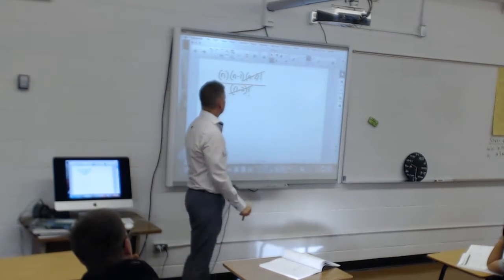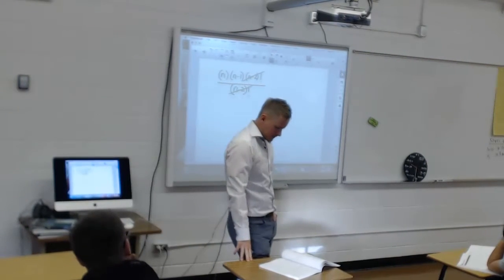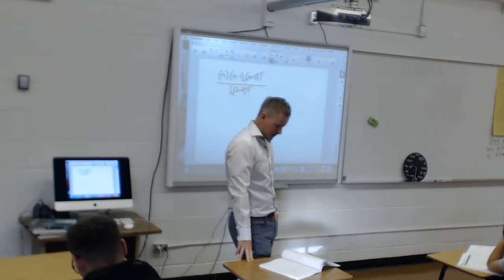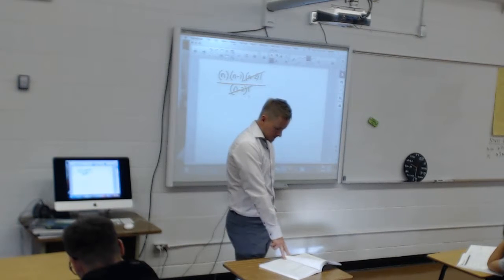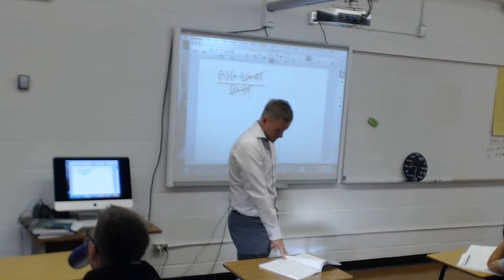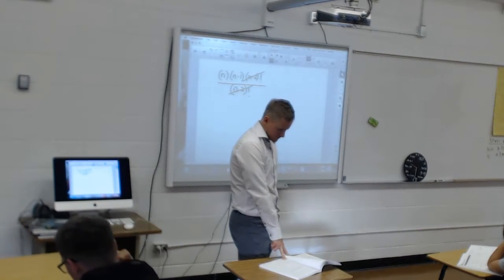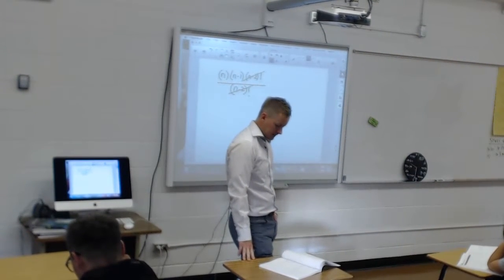State the values of n for which each expression is defined where n is an element of the integers. So in this case, n would have to be greater than 0, correct?